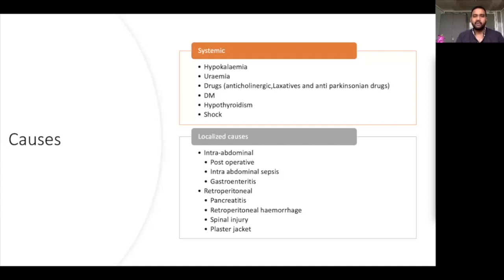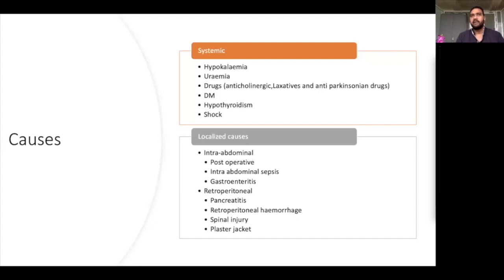The second cause is intra-abdominal sepsis, and the third intra-abdominal condition is gastroenteritis. Whenever there are intra-abdominal surgeries where the bowel handling is more, patients can develop paralytic ileus. That is the most common reason for postoperative paralytic ileus.